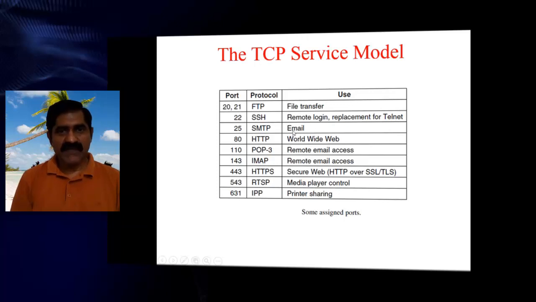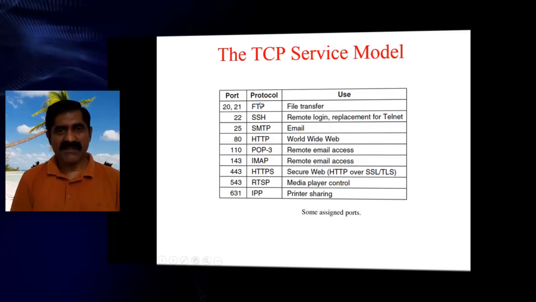Standard email SMTP uses port number 25. For World Wide Web HTTP, we use port 80. For remote email access, the Post Office Protocol 3, we use port number 110. For remote email access, another possibility is port number 143. Like this, different port numbers are used for different applications.